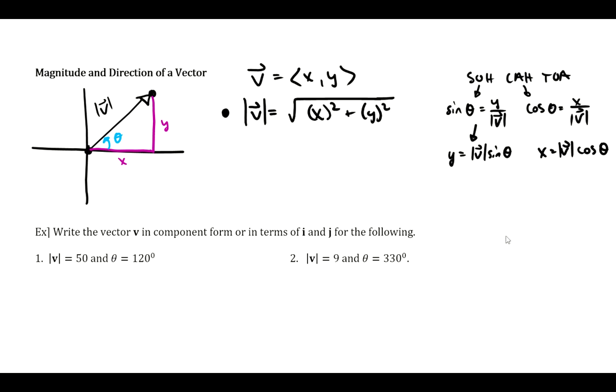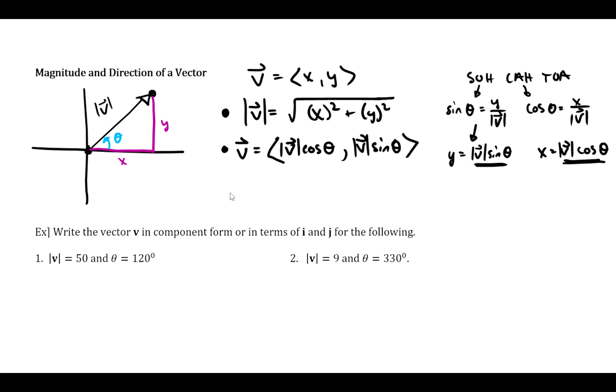If I want to find my vector in a different form, looking at my first form with x comma y, I can sub those in. So my x component is the magnitude of v cosine of theta, comma, magnitude of v sine theta. There we go. So we get two things out of this.